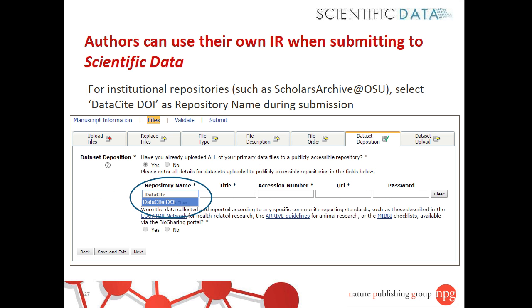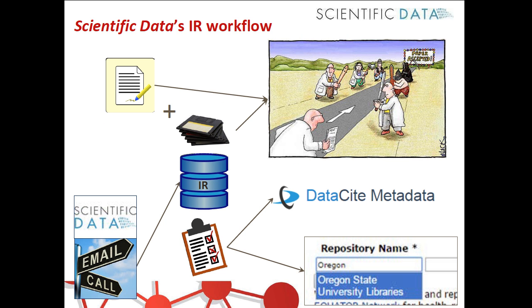So it's also important to acknowledge that a growing number of institutional repositories are coming to the fore, and it's important to acknowledge that some data has to go there too, and particularly where there is no specific discipline repository. So we do allow users to submit their data set to the institutional repository, and we have a workflow for this.